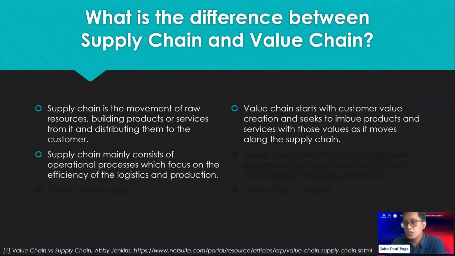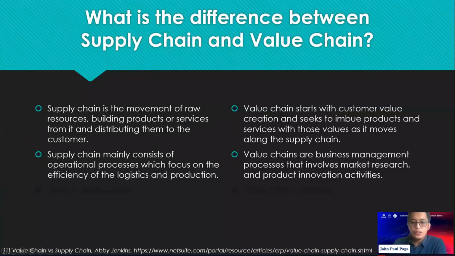So for the supply chain, it mainly consists of operational processes which focus on the efficiency of the logistics and production. But in terms of the value chain, value chains are business management processes that involve market research and product innovation activities.